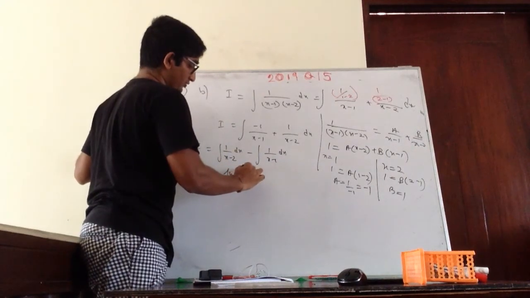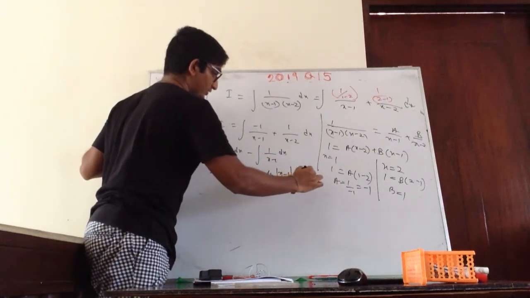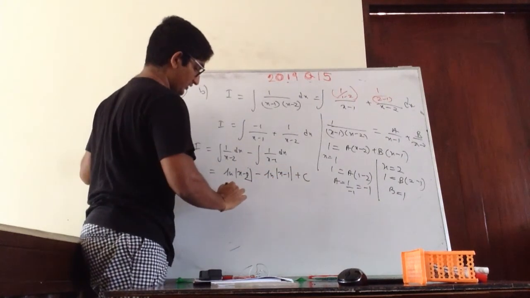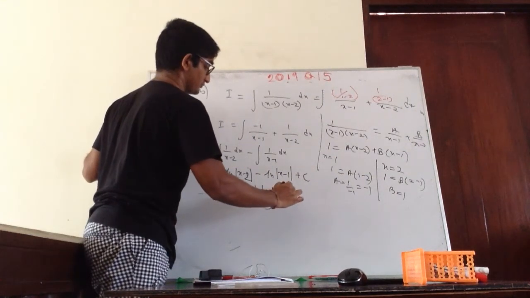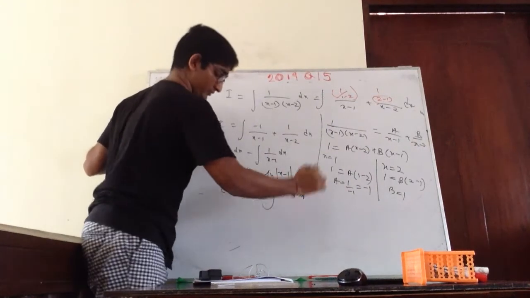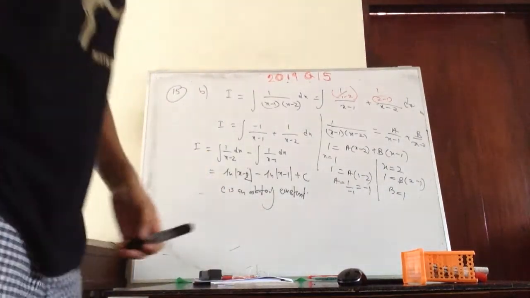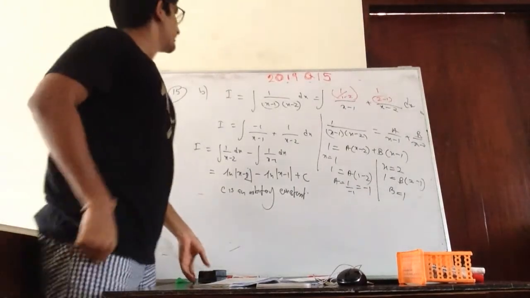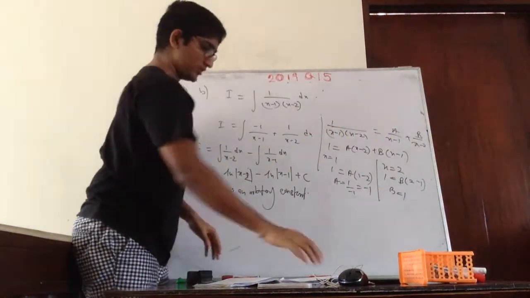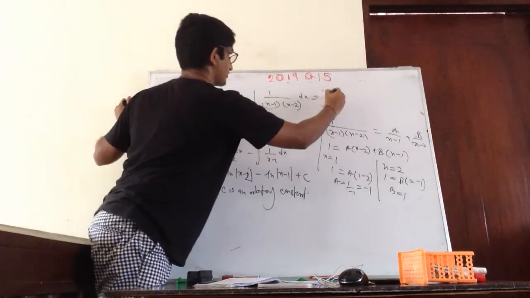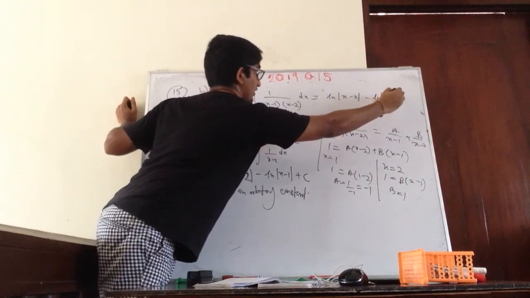Ln of x minus 2 minus ln of x minus 1, and we have to take a c, and you have to say c is an arbitrary constant. Alright, so I can write this as ln of x minus 2 minus ln of x minus 1 plus c.